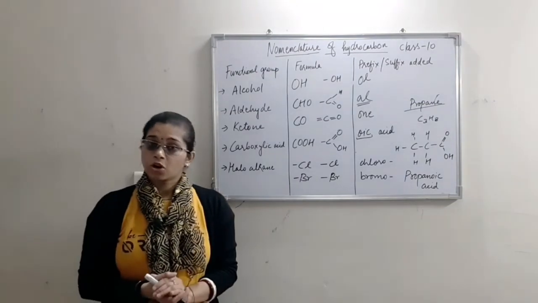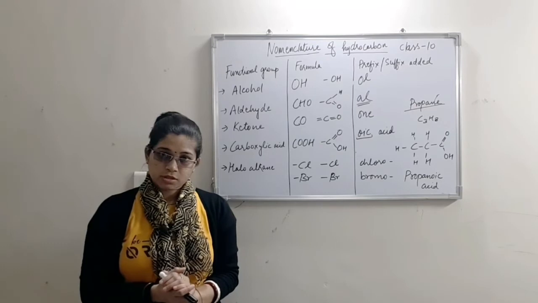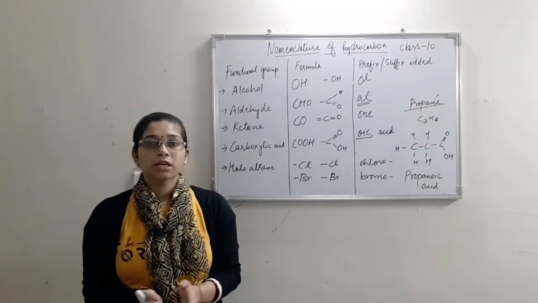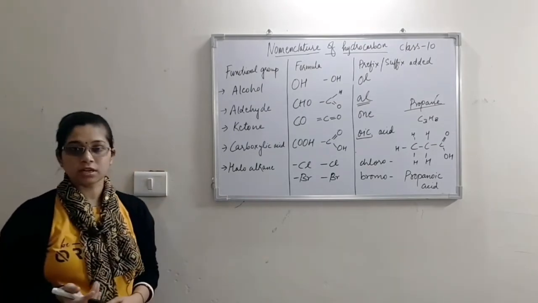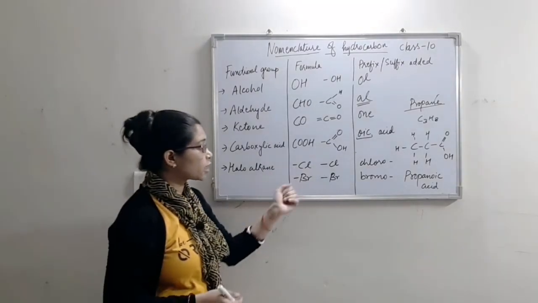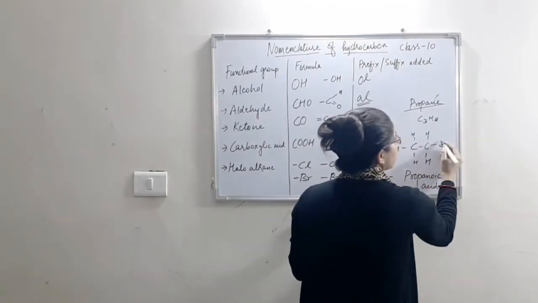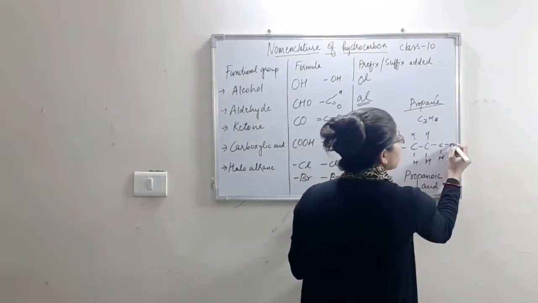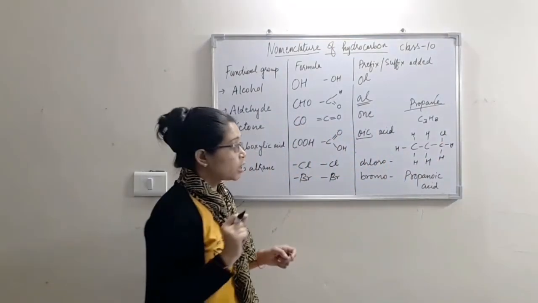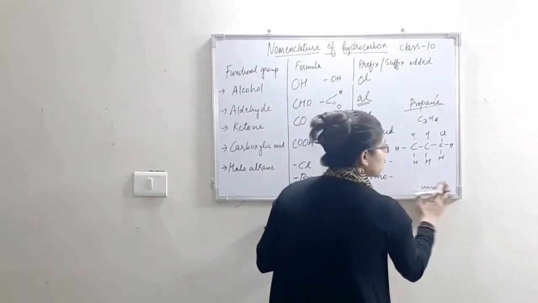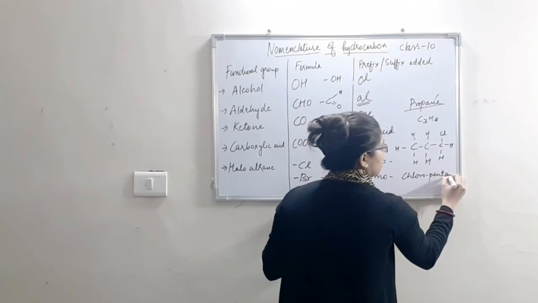When you see the periodic table, all the members of group 7 are halogens. For example, chlorine, fluorine, bromine, iodine, all of these are halogens which are highly reactive in nature. If you add chlorine or bromine here, just one hydrogen will be removed and chlorine or bromine can be added, and the name will be given as chloropentane.